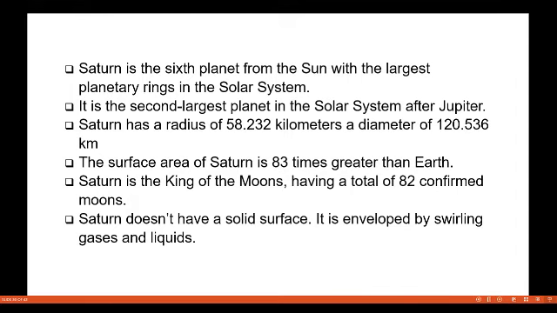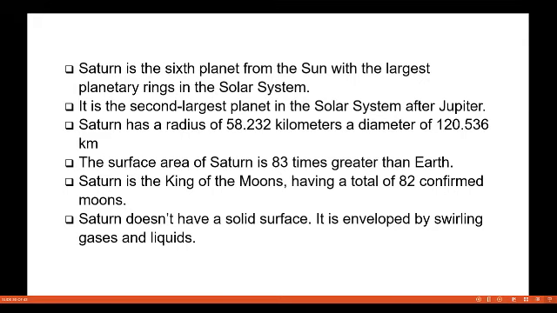Saturn has a radius of 58,232 kilometers and a diameter of 120,536 kilometers. The surface area of Saturn is 83 times greater than Earth. Saturn is the king of moons. As I have already said, it has more than 82 confirmed moons.